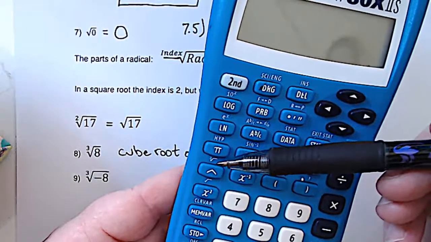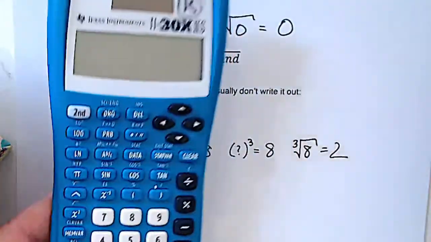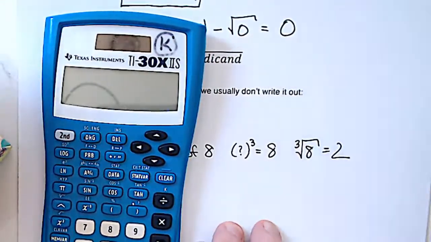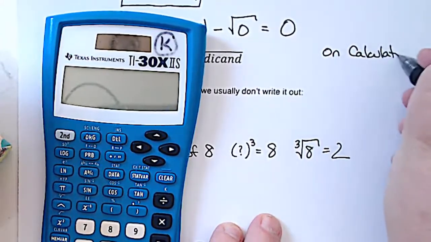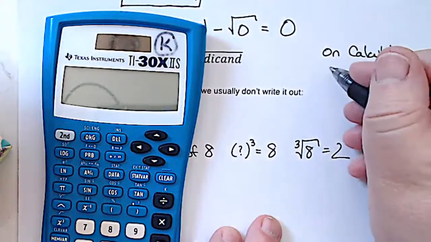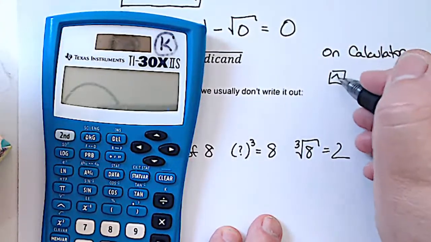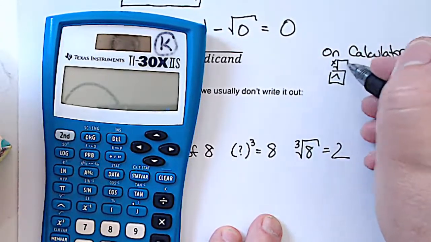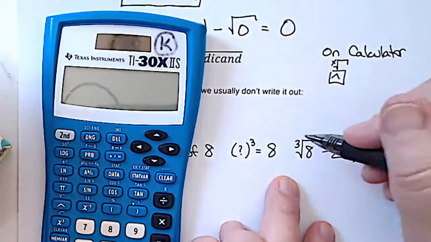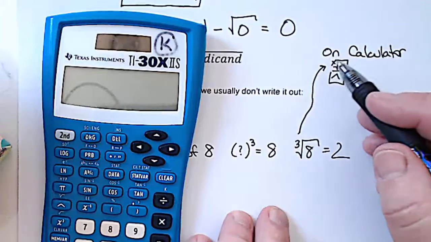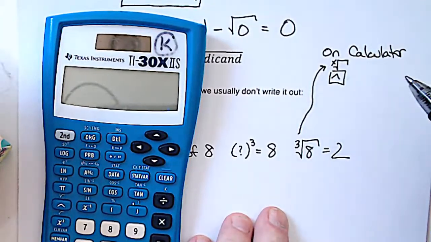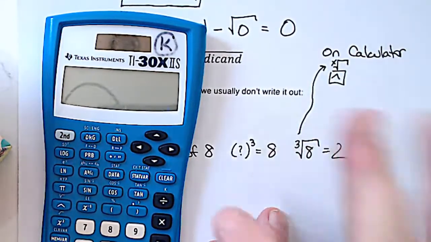You see I have an x root. So on a calculator, I have a key, my exponent key has above it a key that says x with a radical sign.